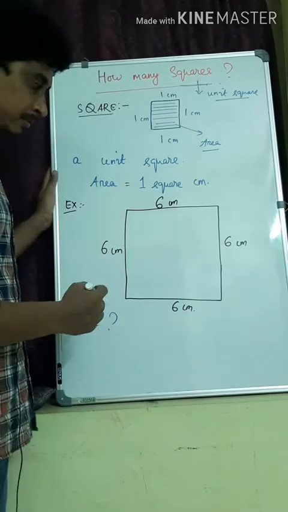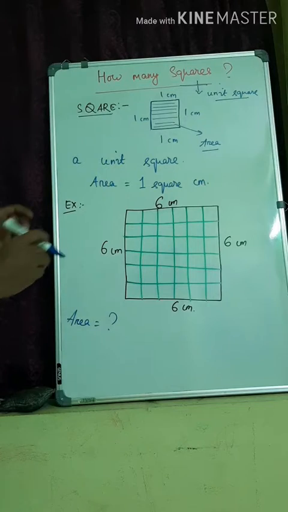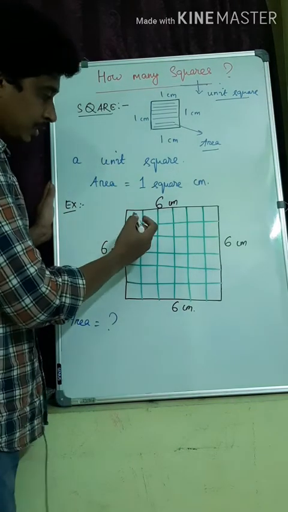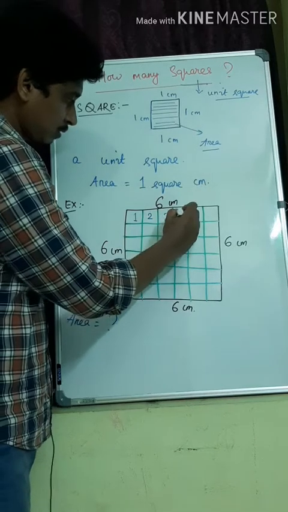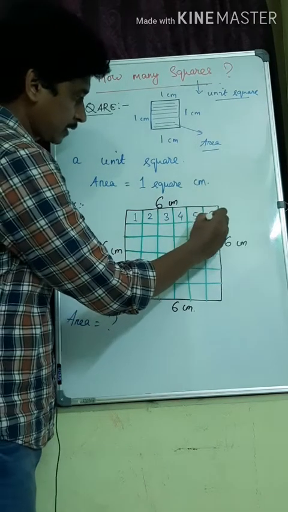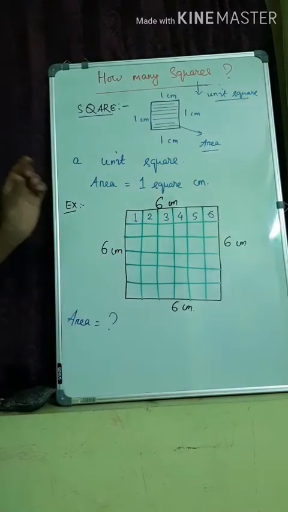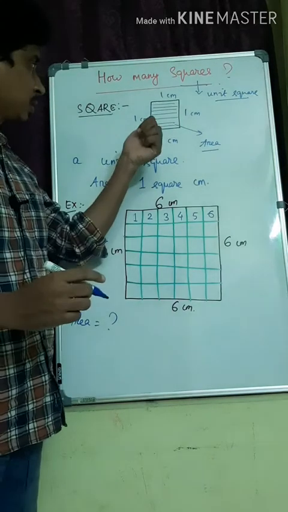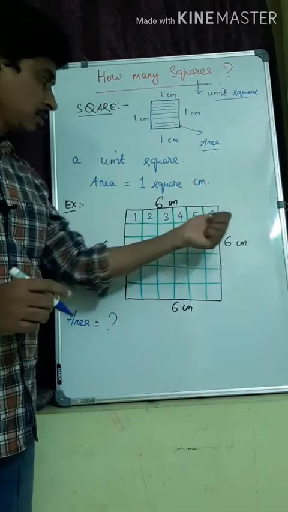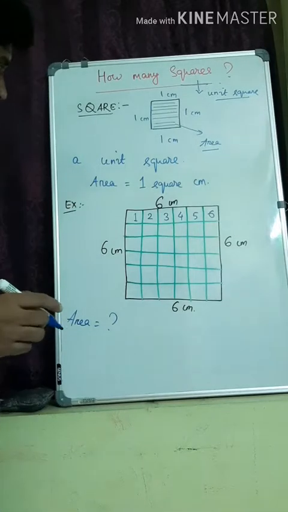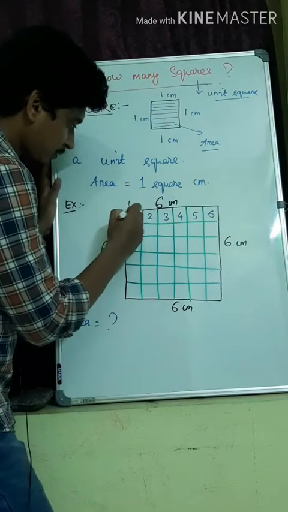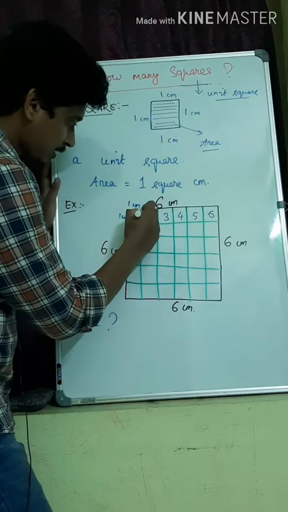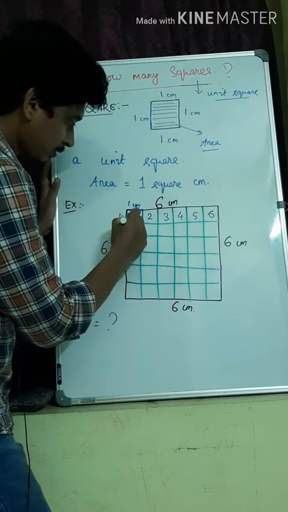Let's draw the diagram. So children, look, there are 1, 2, 3, 4, 5 and 6 small squares arranged in each row, and the small square is having length 1 centimeter. So this is 1 centimeter, this is 1 centimeter, 1 centimeter, 1.